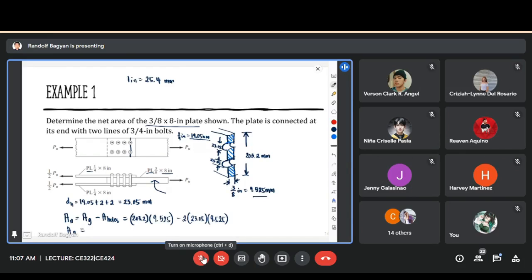Okay, pag nagkaklase tayo, dapat lagi yung hawak calculator. Anong sagot?